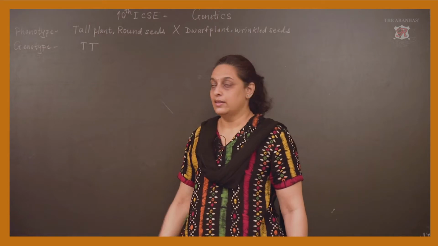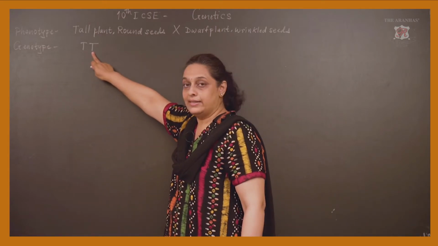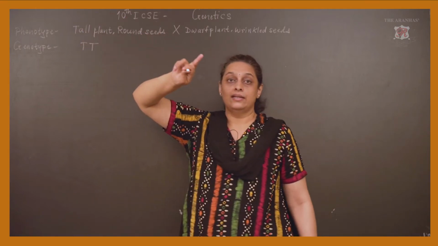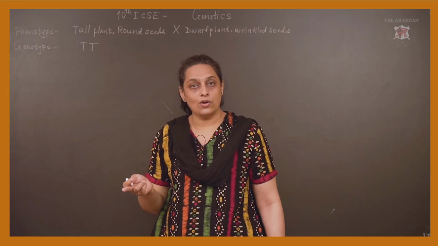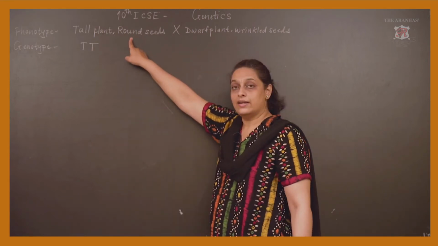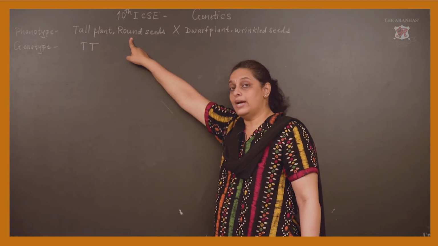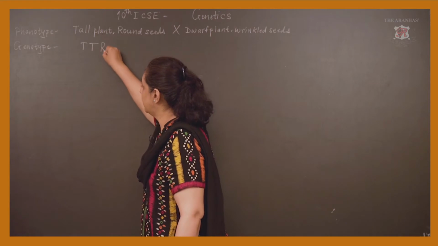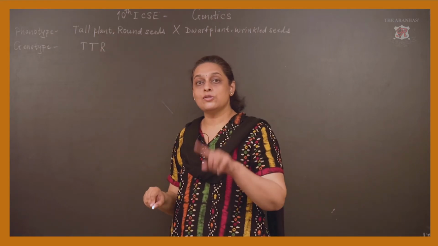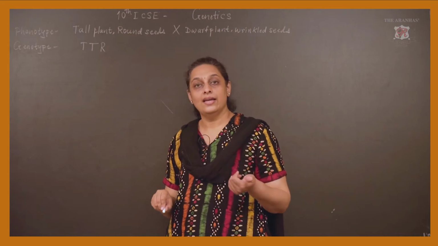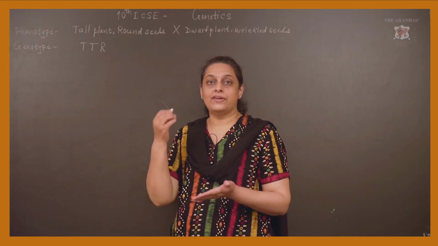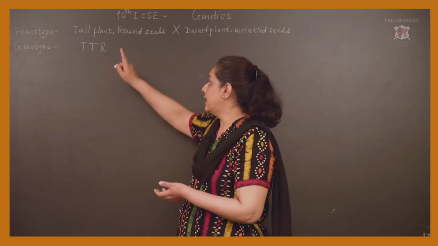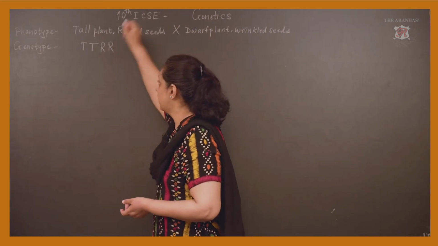So capital T and capital T are for tall character, but there is one more character in the cross, that is round seeds. So how do I write round seeds? Its genotype, I have to use letter R, but round is dominant, and that is why, what is the practice? If character is dominant, we should write capital form of the letter. That's why I am writing capital R, capital R.